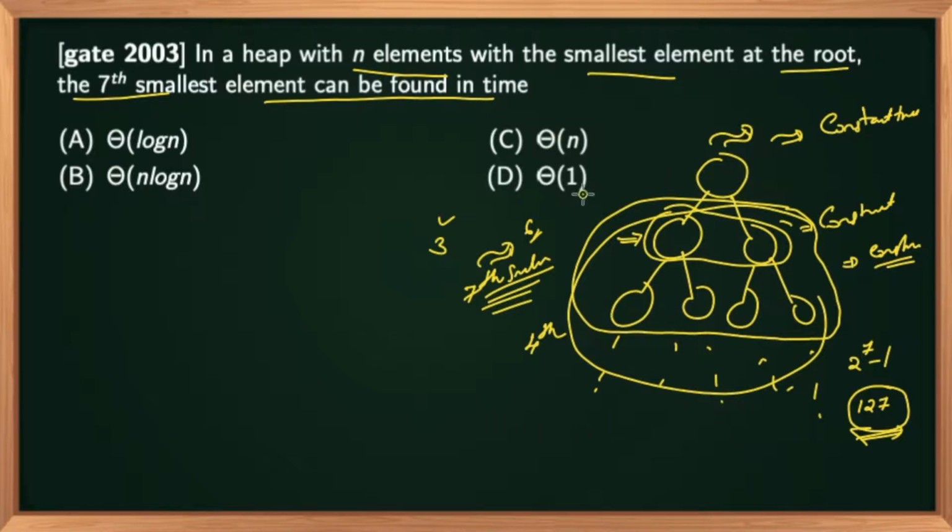Whatever the size of the heap, for example, if n is equal to 50,000, you are still finding the 7th smallest element in these 127 elements, right? So the size of the heap does not affect finding the 7th smallest element. So I can say that the time complexity will be constant because it's independent of the size of the heap. So the answer should be D.